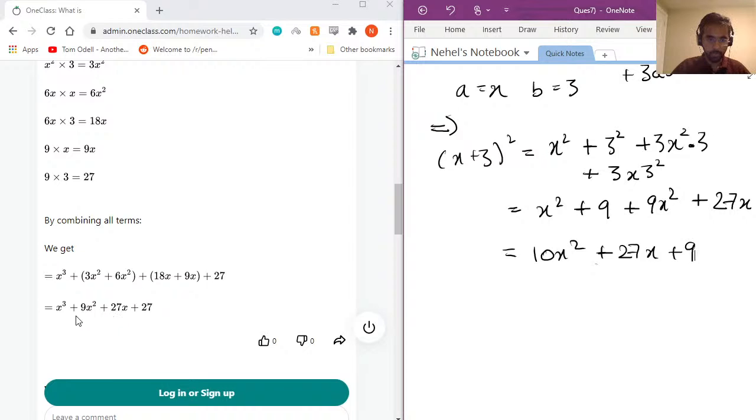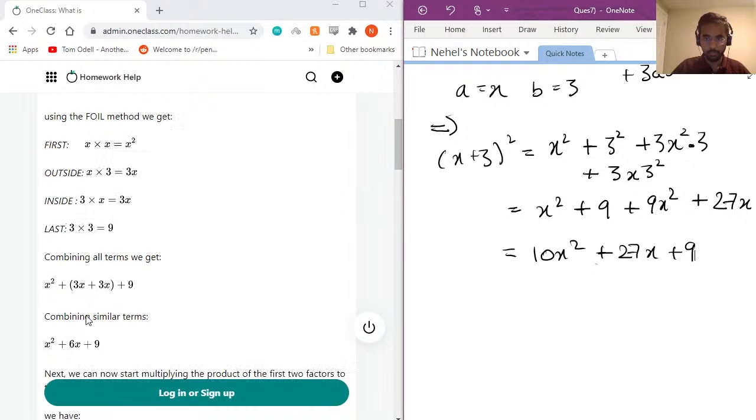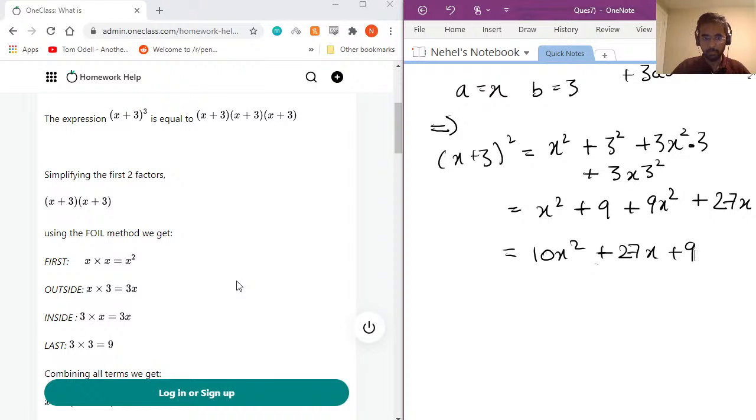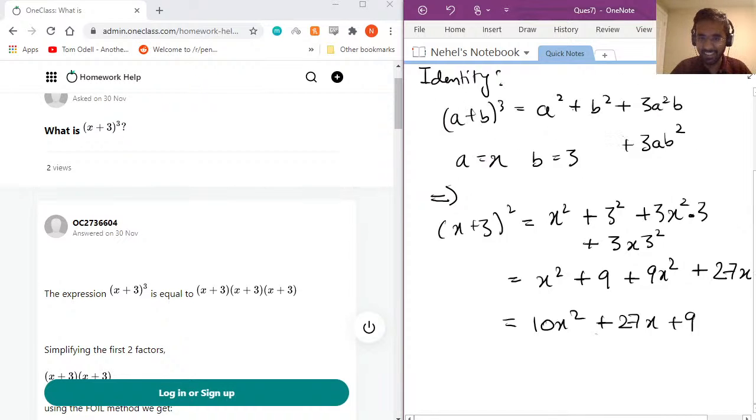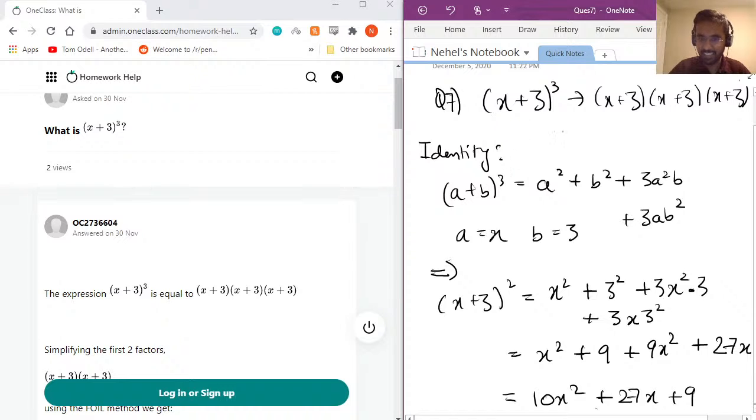Okay, let's verify. Oh, I made a small mistake. This equation is actually a cube plus b cube. So my apologies on the error, a cube plus b cube.